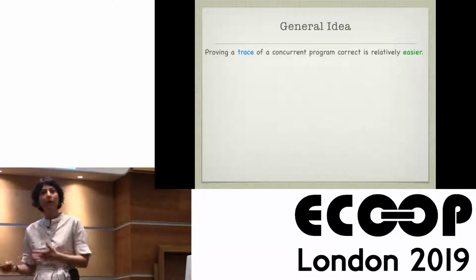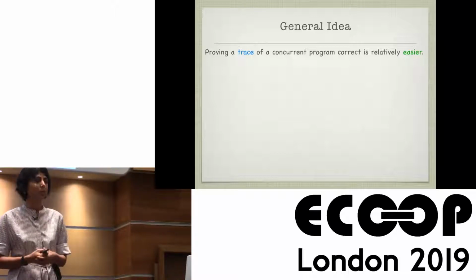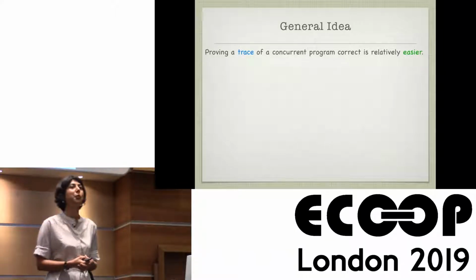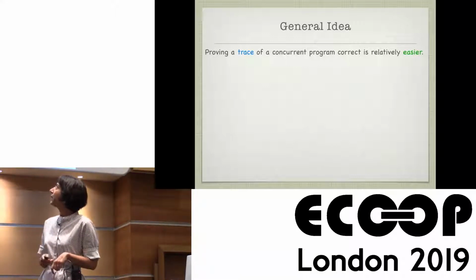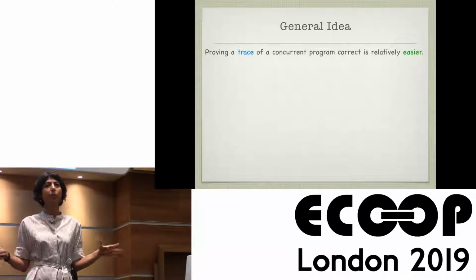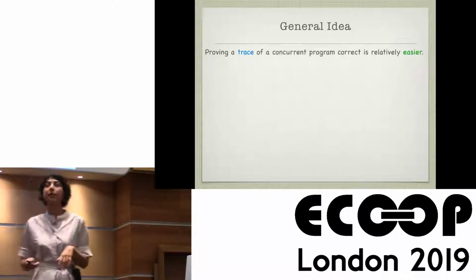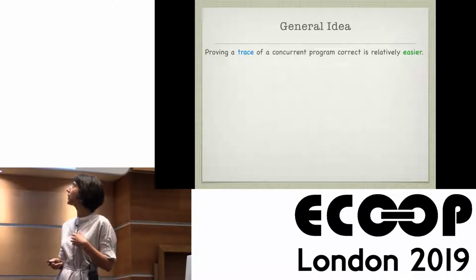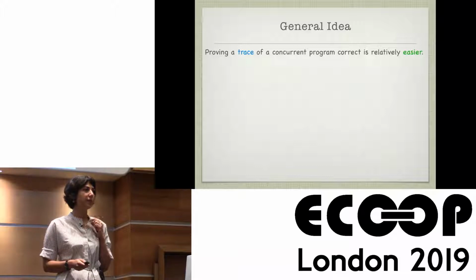The general idea of that algorithm, starting to become formalized in what we consider a formal proof, is based on a really simple observation: if we want to avoid proving the entire program correct the way we already know how, we can instead try to prove it trace by trace. I know trace is a really loaded word and it means very different things to different people in this room.